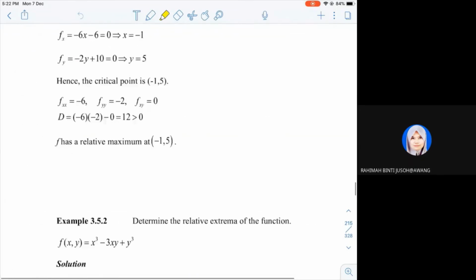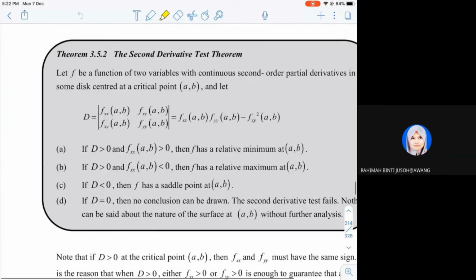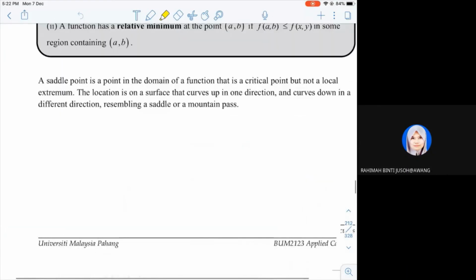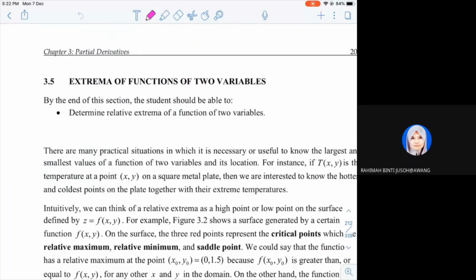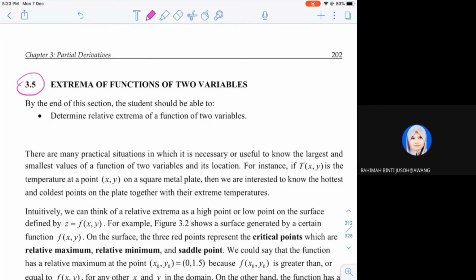Okay, this topic is very important in the final exam because there is only one question in your final exam for topic 3.5. The minimum marks for this question is 15 marks.